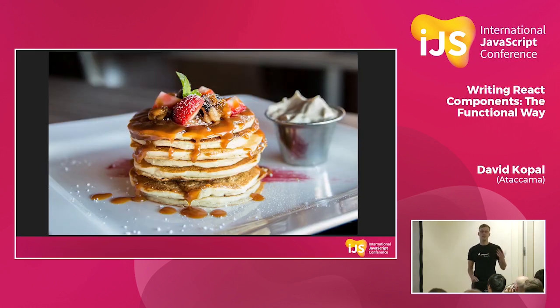So, just as you can decorate your pancakes with one or more decorating layers, according to your taste, you can decorate your reusable presentational components with one or several higher order components depending on the logic you want. So if you want a complex logic for your components, you don't need to store it in a single ordinary component or in a single higher order component. You just store them in multiple simple higher order components and then just compose them together.